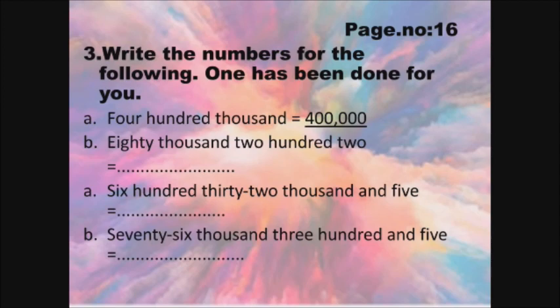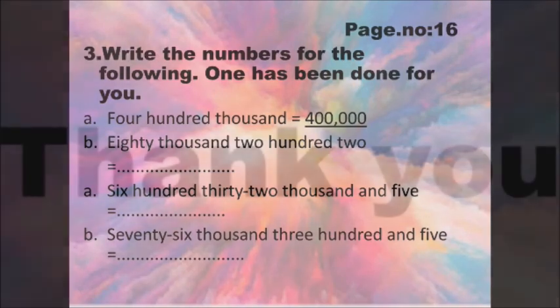Write the numbers for the following. One has been done for you. 400,000. So I have written 400,000 in numbers. Likewise, you have to write the numbers. Number name is given. You have to write in numbers. Okay, students, you have to complete these 2 assignments in your textbook itself.